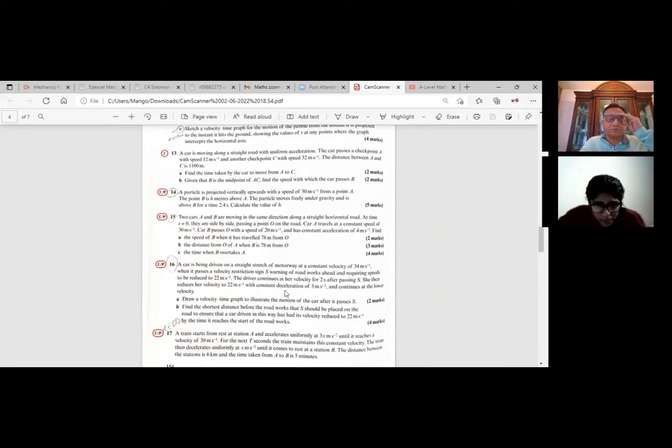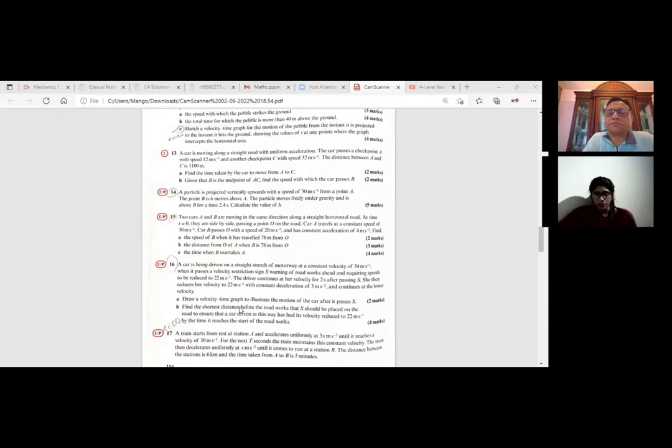When a car is being driven on a straight stretch of motorway at a constant velocity of 34 meters per second, when it passes a velocity restriction sign S, warning of roadworks ahead and requiring speeds to be reduced to 22. The driver continues at her velocity for 2 seconds after passing S. She then reduces her velocity to 22 with a constant deceleration and continues at the lower velocity.